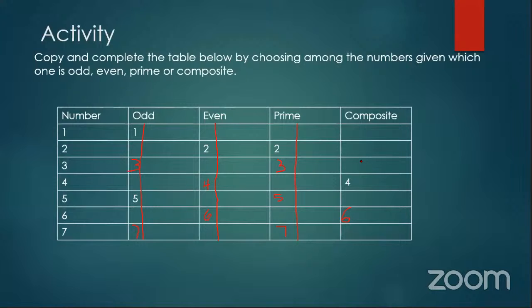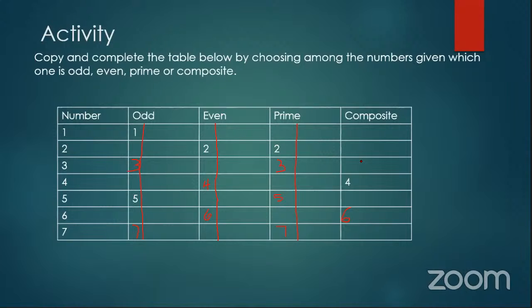Any other who has completed? Okay, Esther. Odd numbers are written 1, 3, 5, and 7. Even numbers are written 2, 4, and 6.